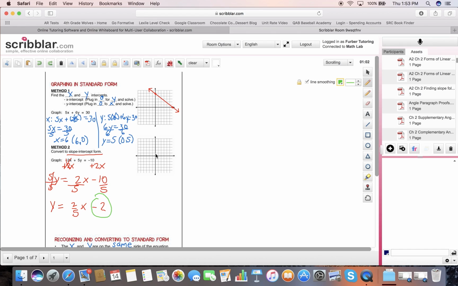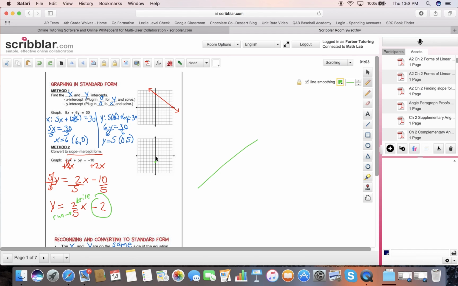So there is my slope-intercept form. This is my b. So I'm going to go on the y-axis. I'm going to go down to -2, and I'm going to plot a point at -2. Once I do that, it's just a matter of counting the rise and the run. Now look at the slope, the rise, and the run. The slope is not negative, it's positive, so it's going to rise up.